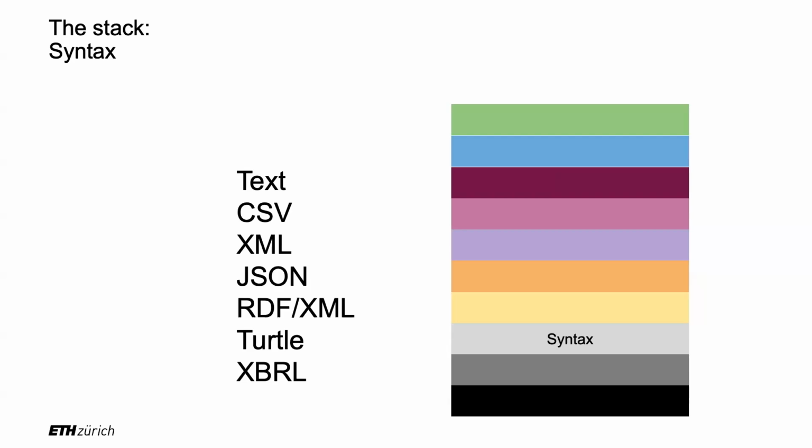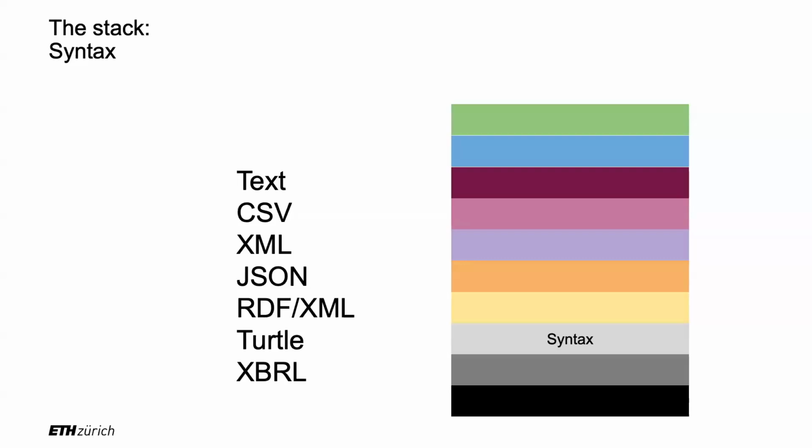Syntax can be one of many. I'm pretty sure everybody heard of CSV. Who did hear of CSV? Right? What does it mean? Comma-separated values, exactly. CSV is the syntax for tables. As it turns out, there's many others.